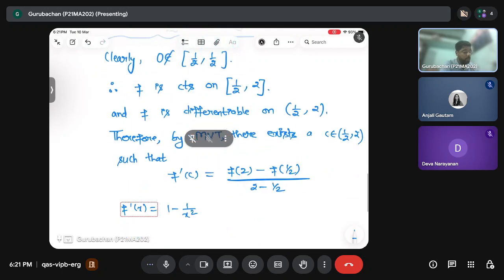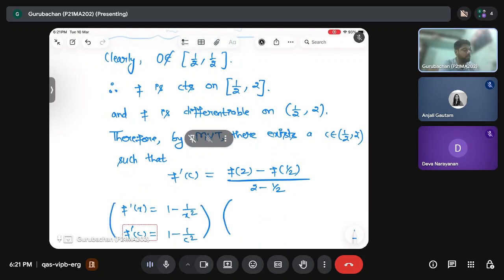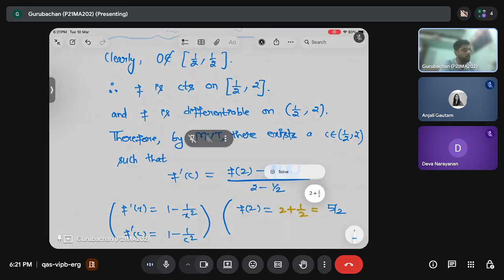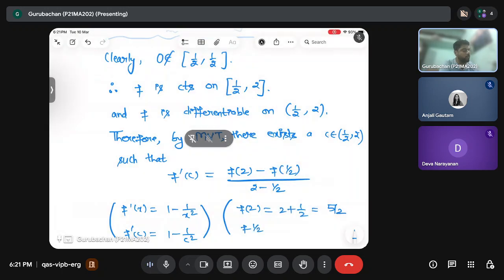Now f dash c will be 1 minus 1 by c square, whereas f of 2 will be 2 plus half, that is 5 by 2, and f of half will be again half plus 2, which will be again 5 by 2.